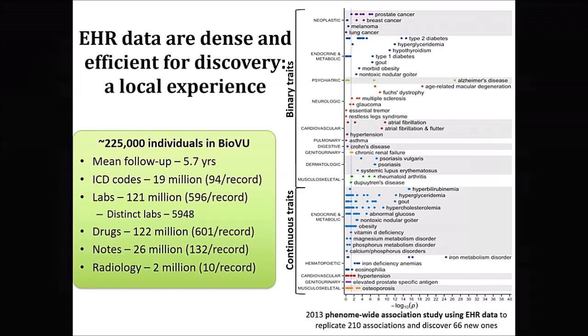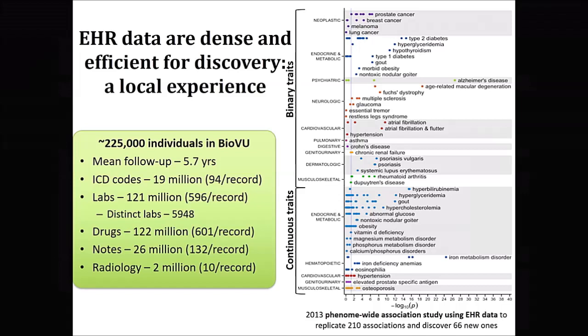On the right here is a slide showing a way of looking at the validity of EHRs for replicating known associations. This is done using a fast way of developing phenotypes that we call phenome-wide association studies. Each row here represents a distinct phenotype that we are attempting to replicate. Each dot represents a distinct single nucleotide polymorphism genetic variant associated with that phenotype.